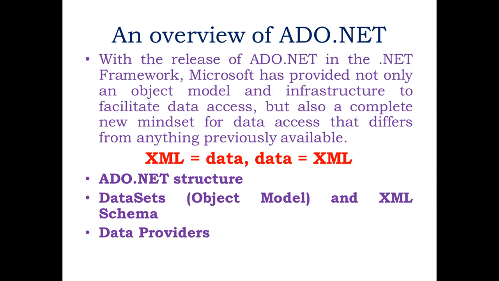Next topic, an overview of ADO.NET. With the release of ADO.NET in the .NET framework, Microsoft has provided not only an object model and infrastructure to facilitate data access, but also a completely new mindset for data access that is different from anything previously available. Today, ADO.NET is simply derived from the data access idea: XML equals data, or data equals XML.